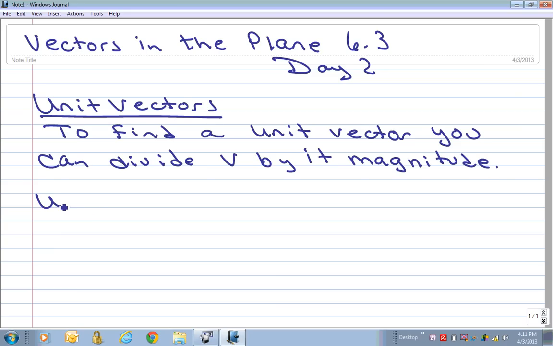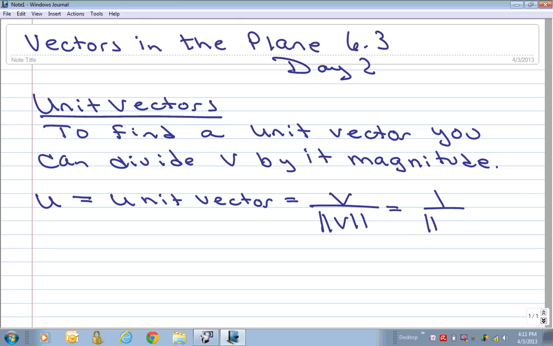So the formula looks like this: the unit vector, represented by the letter U, is equivalent to the vector itself divided by its magnitude, which is also equal to 1 over the magnitude of the vector times the vector.